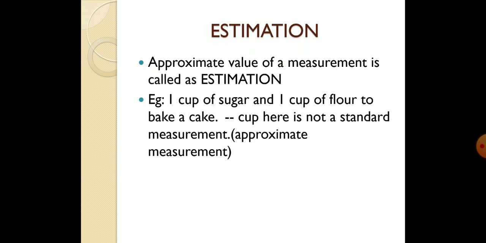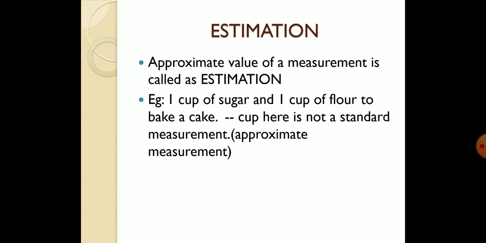Now I take an example: to bake a birthday cake, what will you do? You will take 1 cup of sugar and 1 cup of flour to bake a cake. We are taking it approximately, because the cup here is not a standard measurement. Your cup size will be different from the cup I will be using.